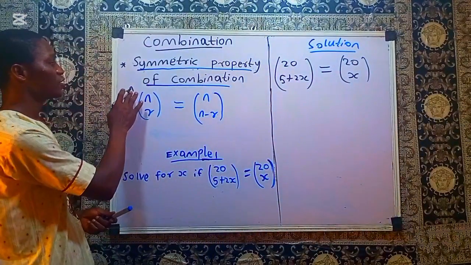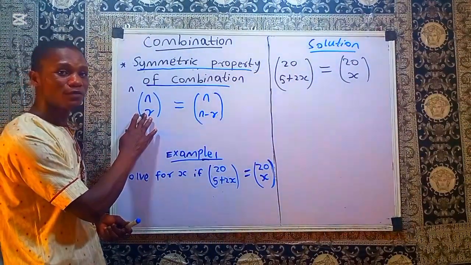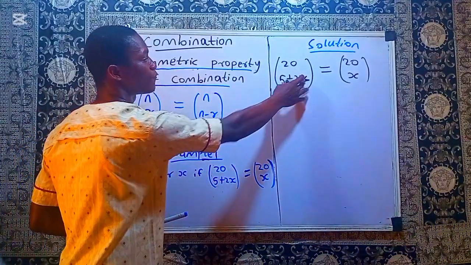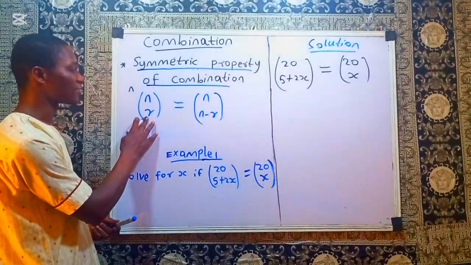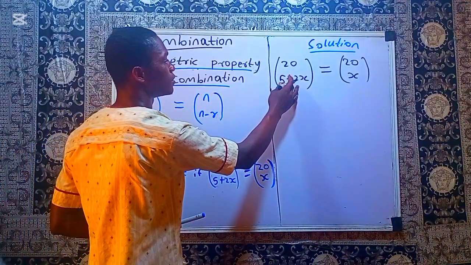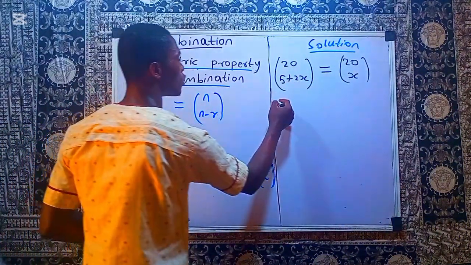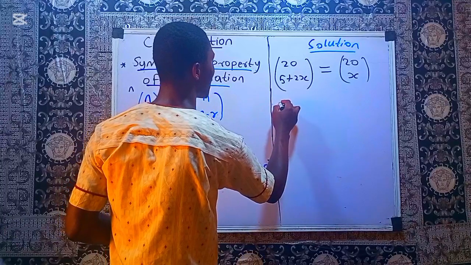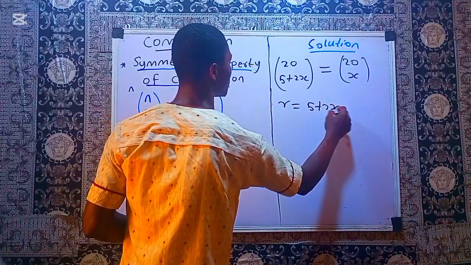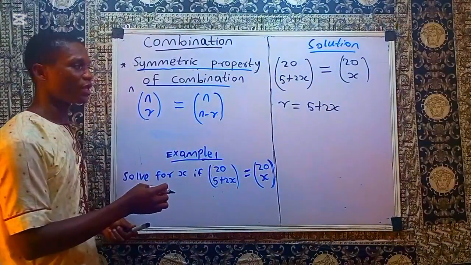our n. So that what is down in the first combination you have, what is down is acting as your R. So what is our R here? Our R is 5 plus 2x. So this, we have that R is equal to what? 5 plus what? 2x from our observation here.